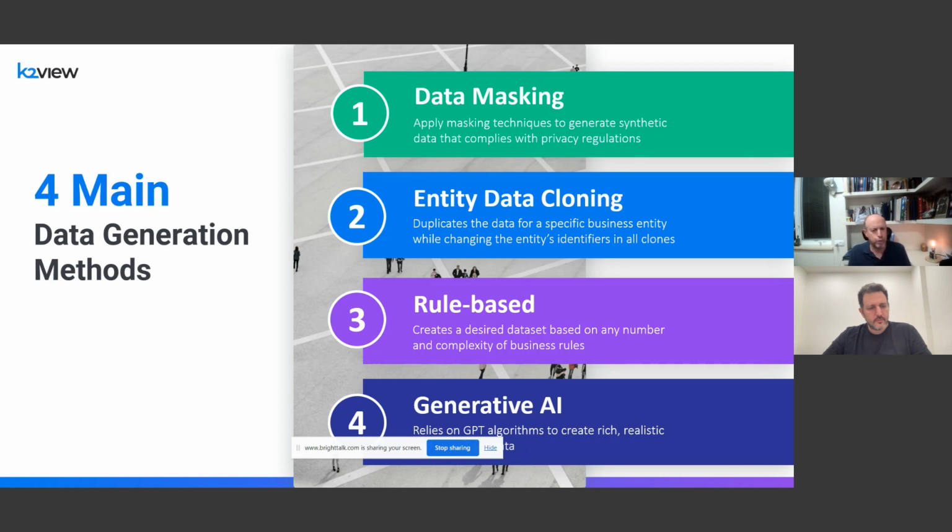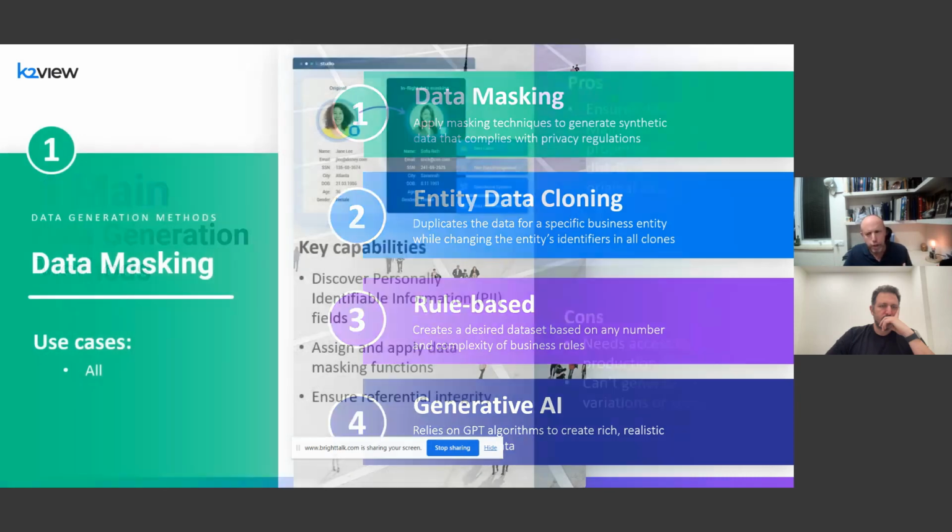And finally, of course, we'll touch on generative AI, which are the AI techniques such as GPT algorithms, which learn from your production data the relationships, the statistical distribution, the patterns, and then generate and create rich, realistic, and compliant data.